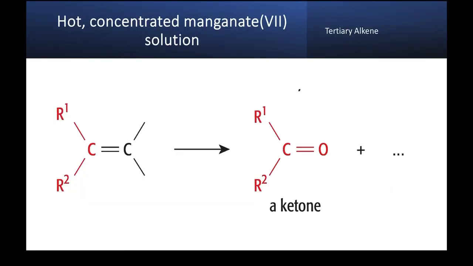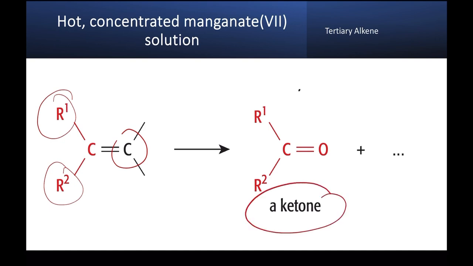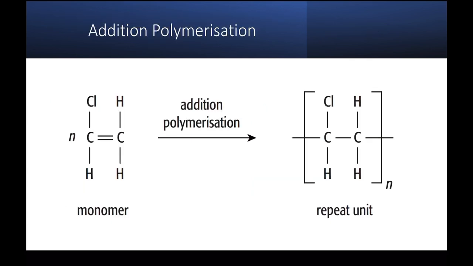But when you have a tertiary alkene, which means it's attached to three other carbon atoms, you're just going to end up with a ketone. So this thing is going to slice from here, right? So you're going to end up with a ketone here, and then you would have another aldehyde or something like that right here, okay?